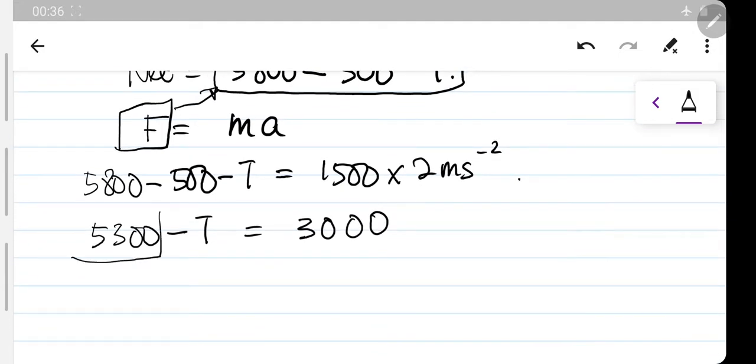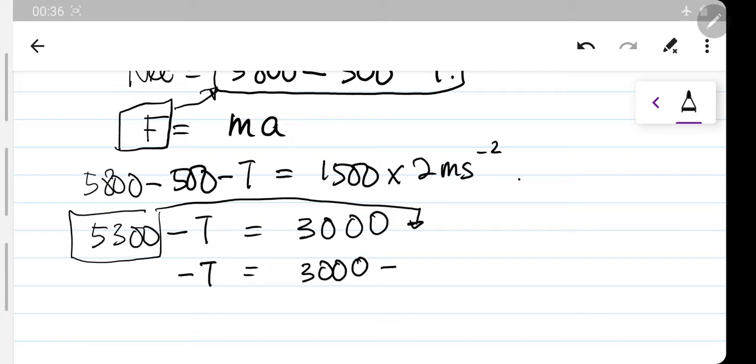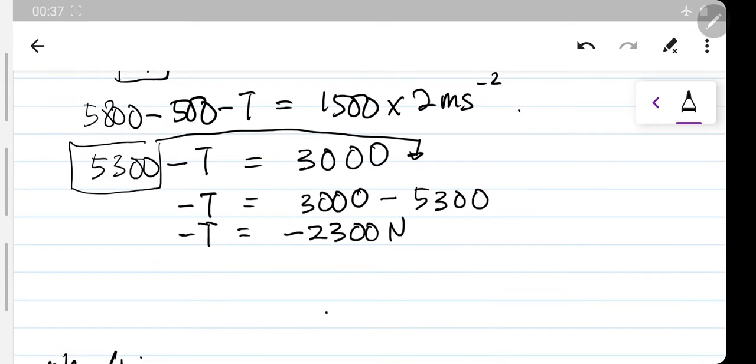Then we move this to the other side. We get negative T equals 3,000 minus 5,300, so negative T equals negative 2,300. Then we cancel the negative. We get T equals 2,300 Newton.